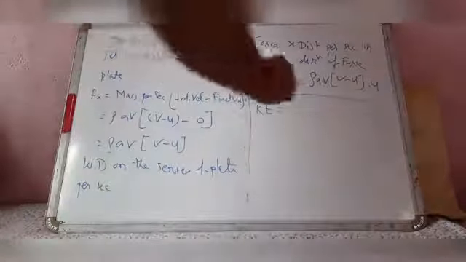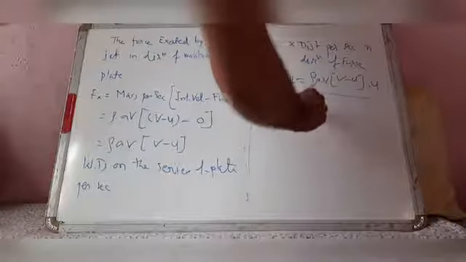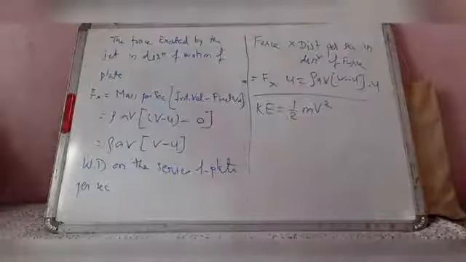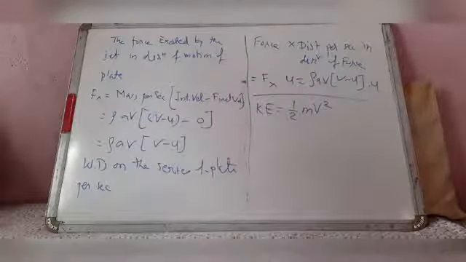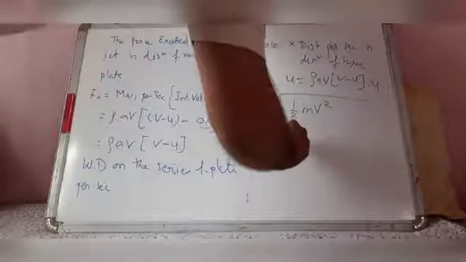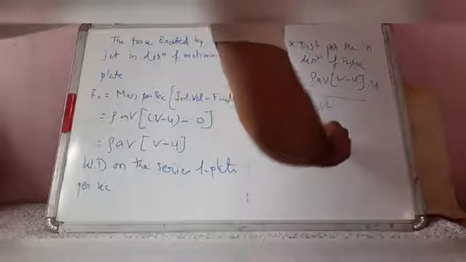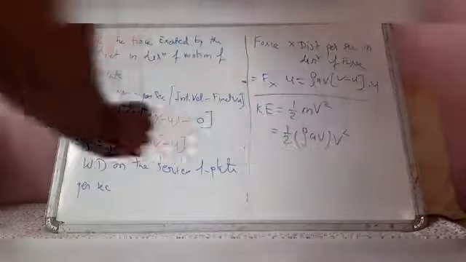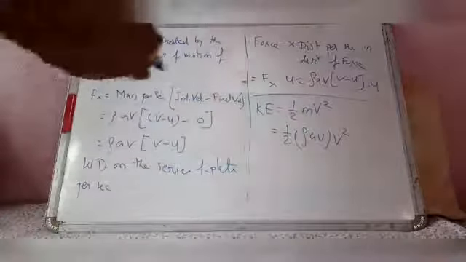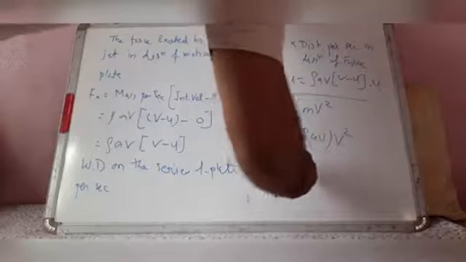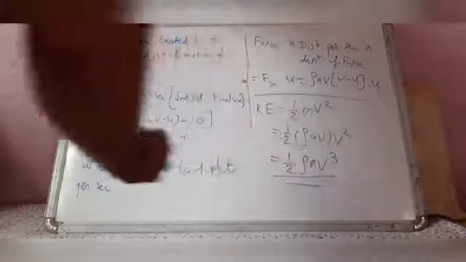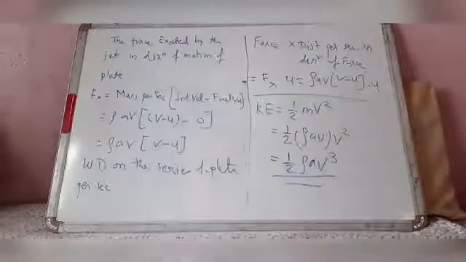This is half of m v square, and as we know, m is rho A v, so this is half of rho A v into v square, so this comes half of rho A v cube. Rho A v cube by 2 is the kinetic energy.